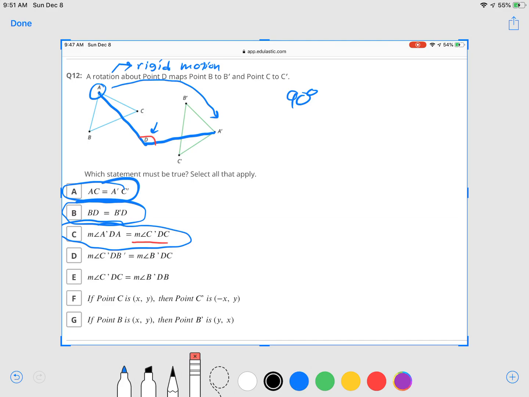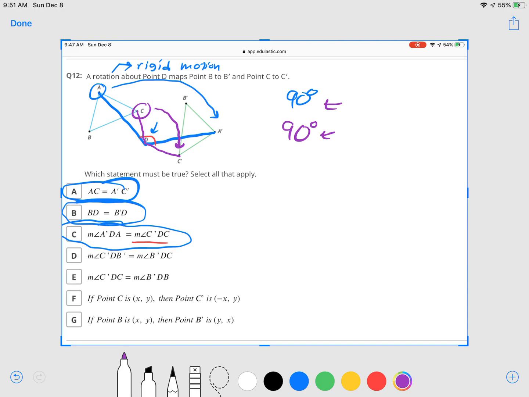Okay. Now, what about the other one? So let's put that one back. C to C prime. What determines how far C gets rotated around to here? Well, that's the same number. It's the same number that's used in the instruction for the rotation. Now, we don't know if it's 90, I'm just making up an example. But the point is that it has to be the same in a rotation.